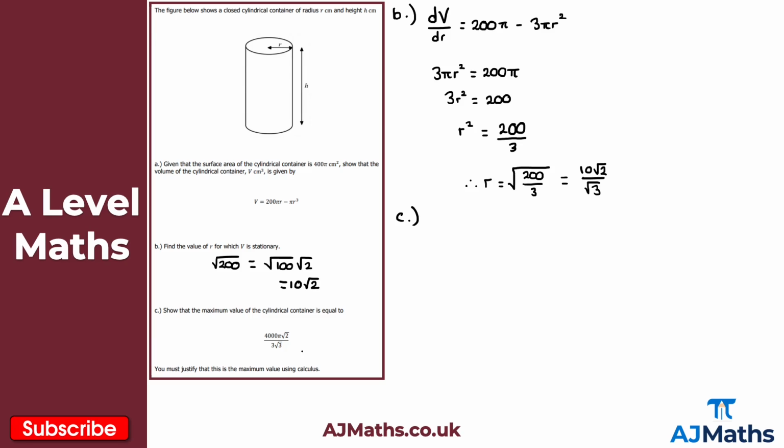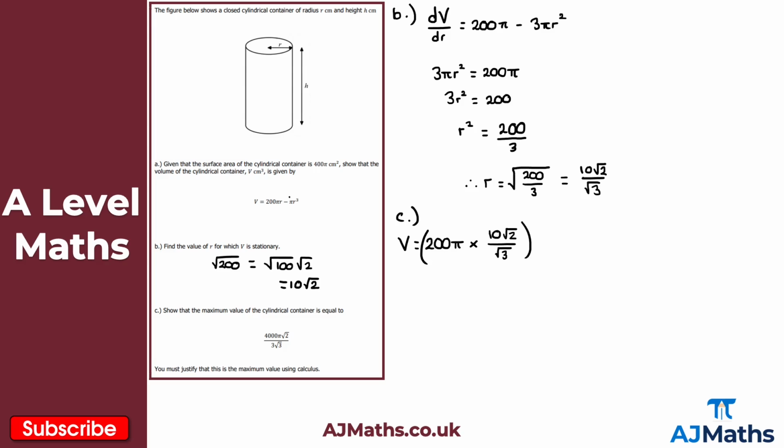So the first thing that we need to do is substitute this into our equation for the volume. So V is equal to 200 pi times R, which is 10 root 2 over root 3. I'll do this in a bracket. So 10 root 2 over root 3.